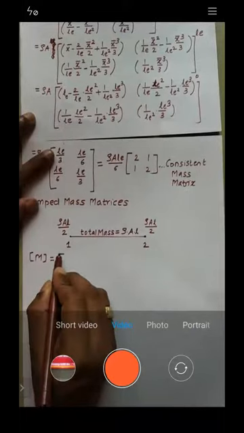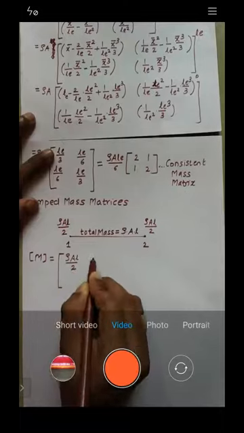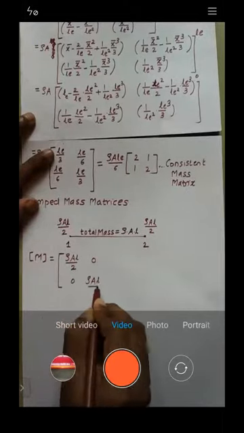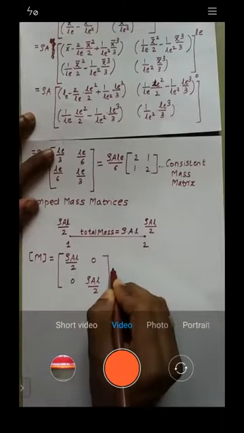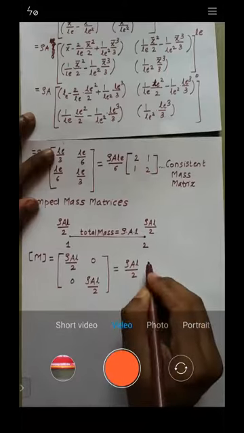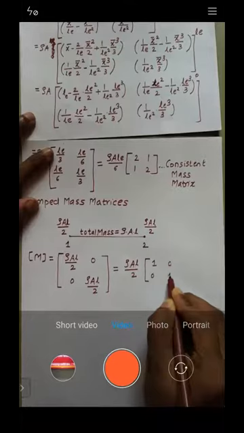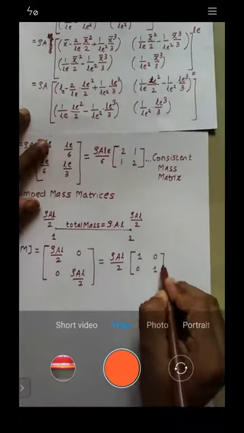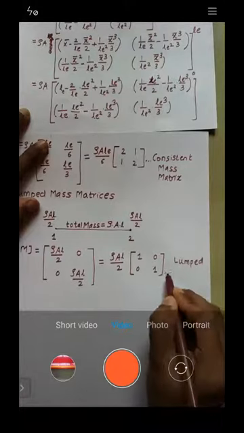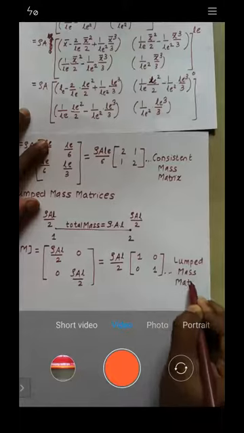Here it is given by rho AL by 2, here it is 0, then here it is 0 and rho AL by 2. If I take rho AL by 2 common, I will get rho AL by 2 times 1, 0, 0, 1. And this particular matrix is called the lumped mass matrix.